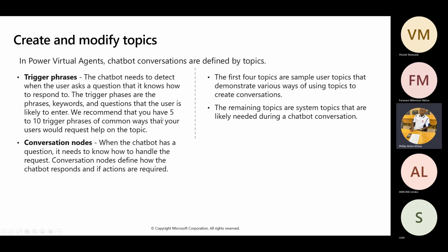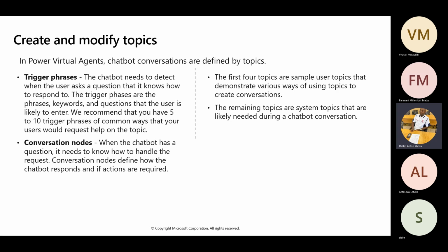We recommend that you have 5 to 10 trigger phrases of common ways that your users would request help on the topic. And then we have conversation nodes. This is when the chatbot has a question and it needs to know how to handle the request.